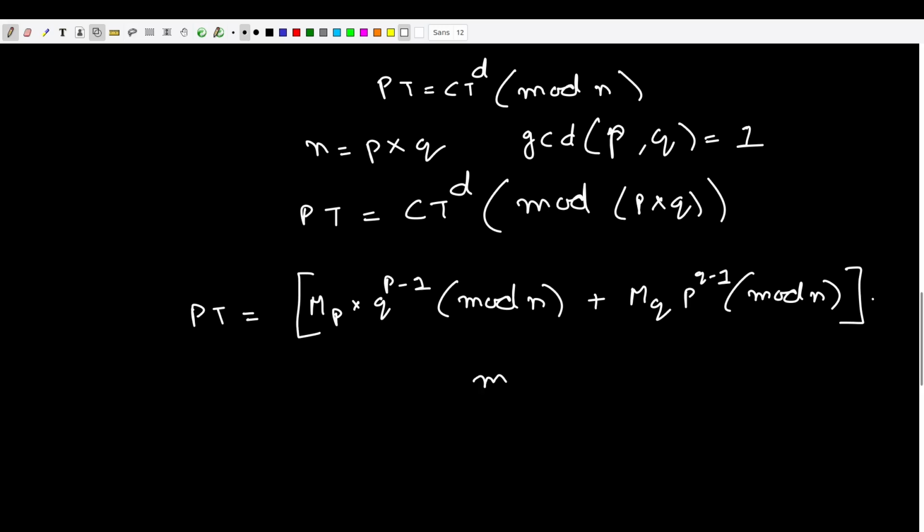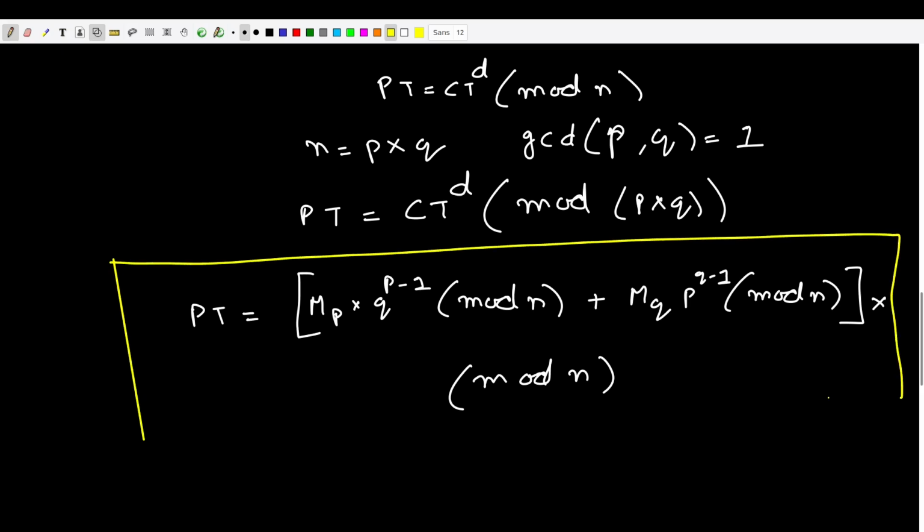So this is how, using the Chinese remainder theorem, we can optimize the computation of plain text.